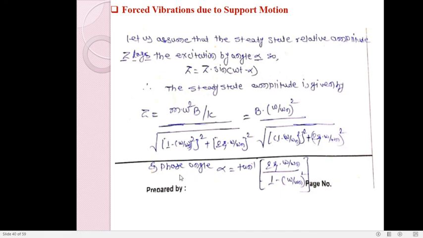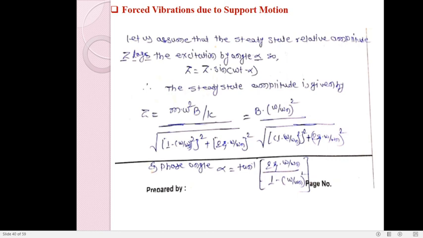Rearranging the terms, m by k is 1 upon omega n square, so we can write Z is equal to b (omega upon omega n) square upon the square root of [(1 minus (omega upon omega n) square) square plus (2 xi omega upon omega n) square], with the phase angle alpha is equal to tan inverse of 2 xi omega upon omega n upon 1 minus (omega upon omega n) square. This way we get the phase angle as well as the amplitude when we consider the relative amplitude of the vibration when support motion is there.